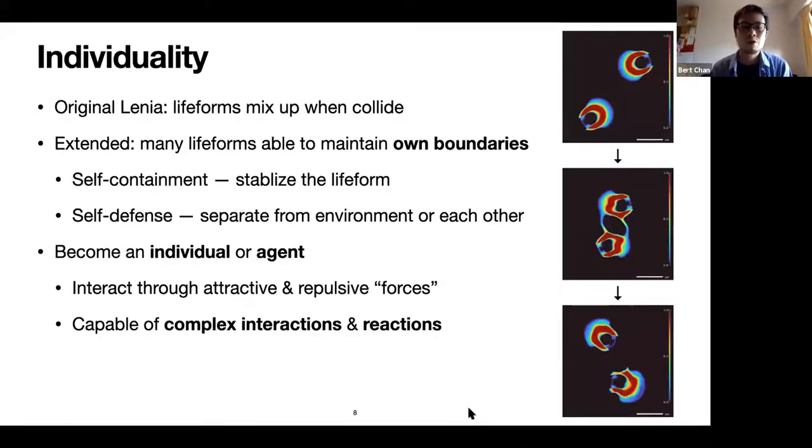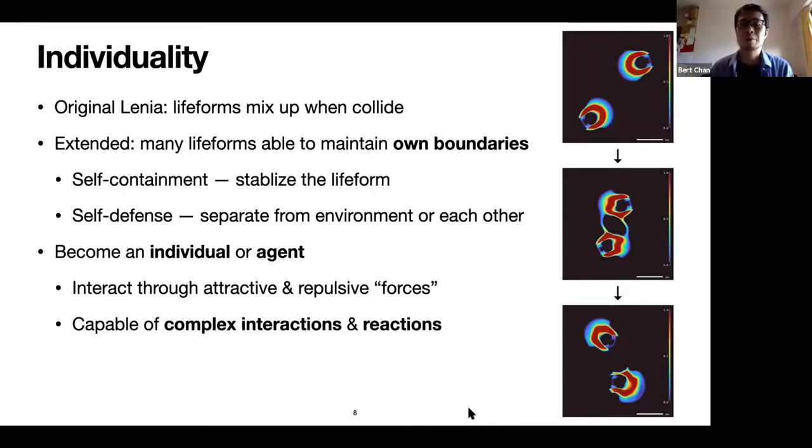In the original system of Lenia, if we try to collide the life forms in the grid, they tend to mix up or they just die out. But in the extended system, there is a very special quality called individuality emergence.